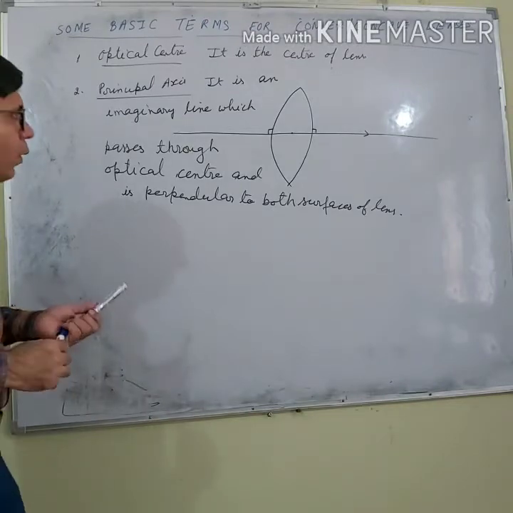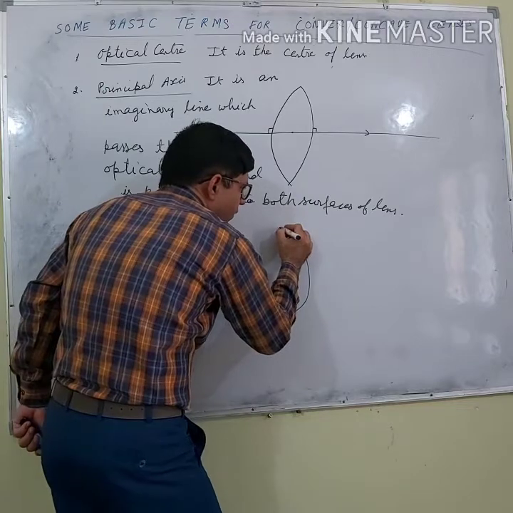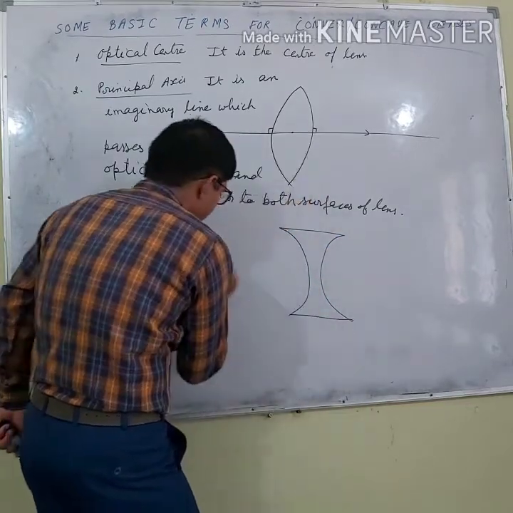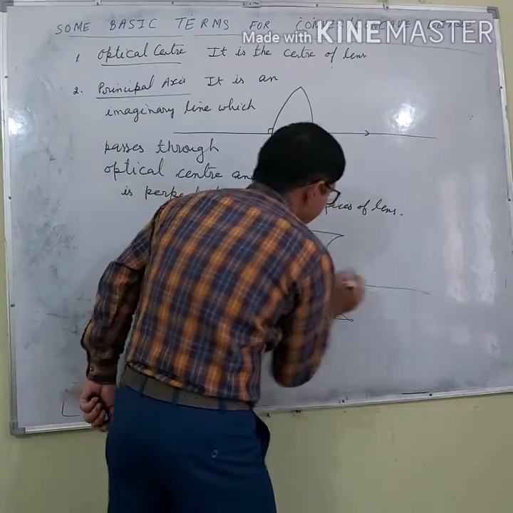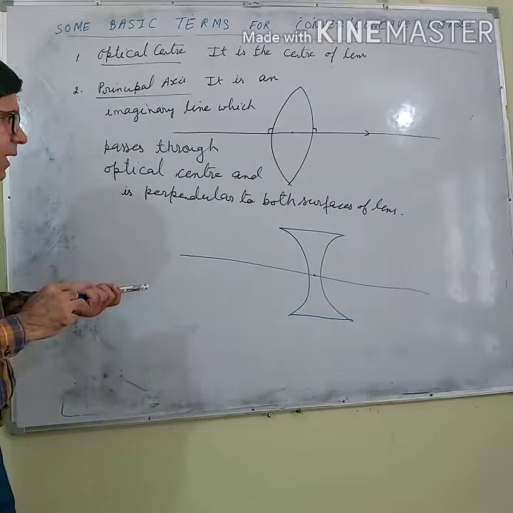And if I want to draw the principal axis for a concave lens, what will I draw? I will draw a line which passes through its center. Then this line is the principal axis.